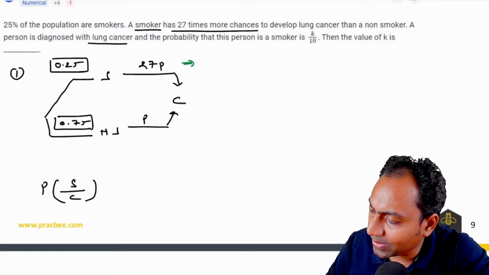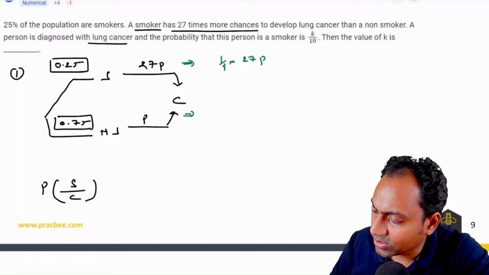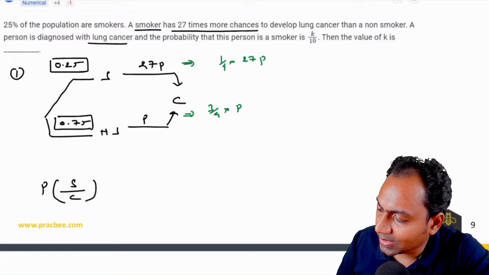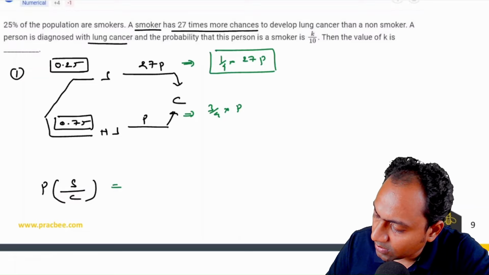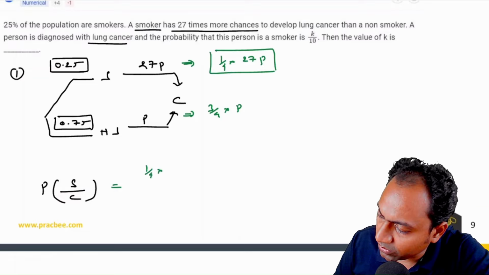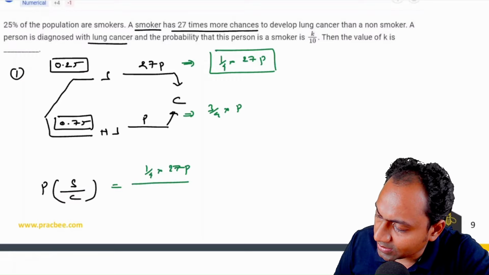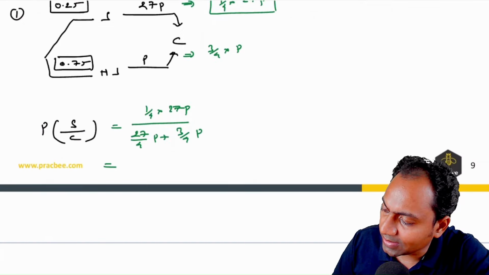See, 0.25, I am writing this as 1 by 4 into 27P. This next branch can be written as 0.75, I am writing as 3 by 4 into P. So my answer is nothing but, I have to take this branch, that is 1 by 4 into 27P divided by the total. If I total it up, it is nothing but 27 by 4 P plus 3 by 4 P. You can see that this P will get cancelled out.